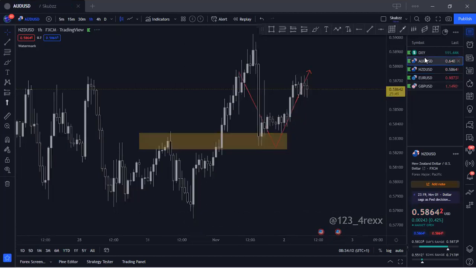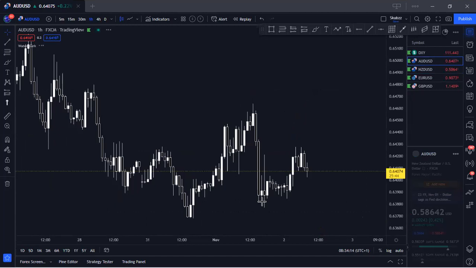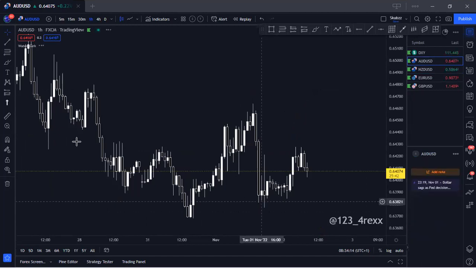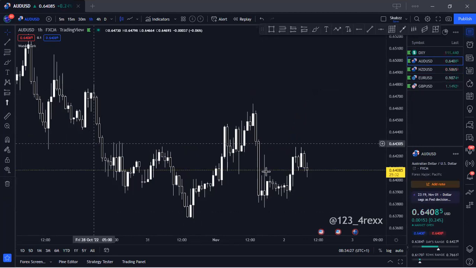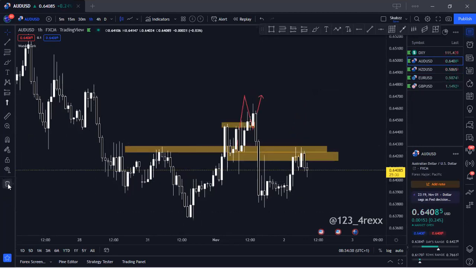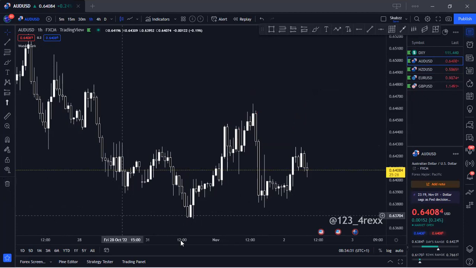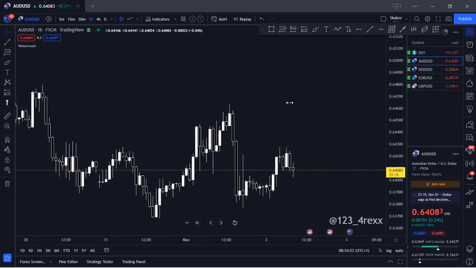Okay, let's start with AUD/USD. What was even our analysis on AUD/USD yesterday? We were looking for that retest and then a push up, but we did not get that. Okay, see the drawings here.